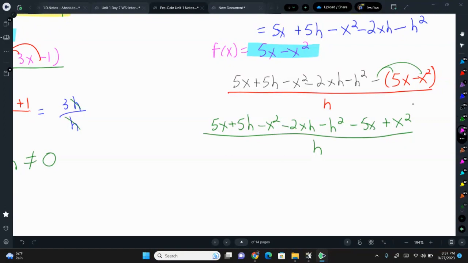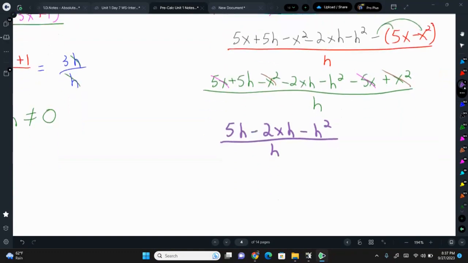Okay, so we have 5x and negative 5x. We have negative x squared and positive x squared. So this really will simplify down to 5h minus 2xh minus h squared all over h. Well, the numerator has an h in each of these terms.